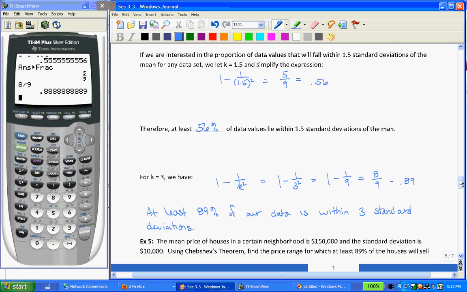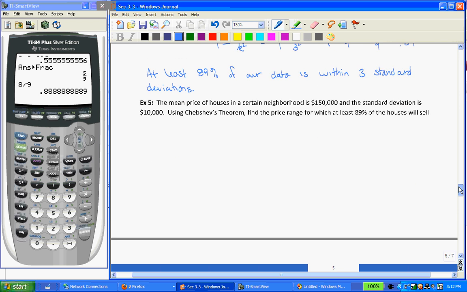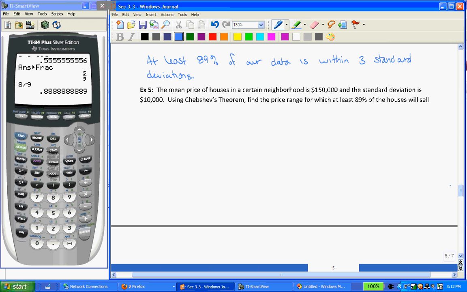Okay, one other example related to Chebyshev's theorem is example 5 here. The mean price of houses in a certain neighborhood is $150,000, and the standard deviation is $10,000. Using Chebyshev's theorem, find the price range for which at least 89% of the houses will sell.